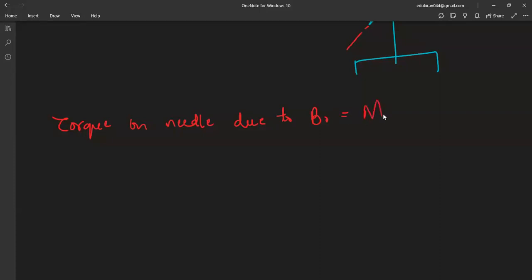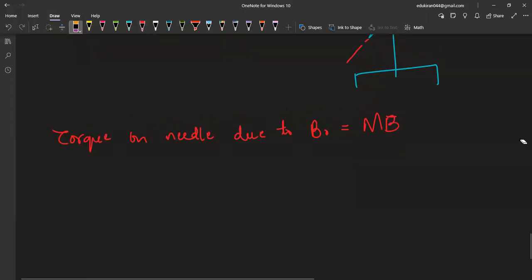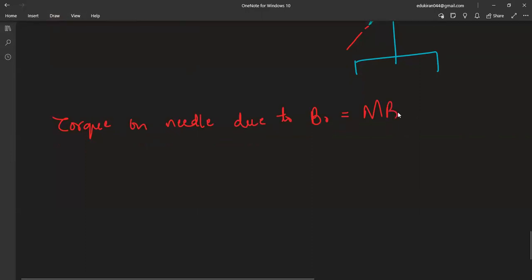So the formula will become torque is equal to MB, where the magnetic field will be B naught: M B naught sine 90 minus theta.